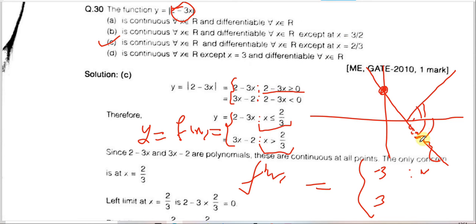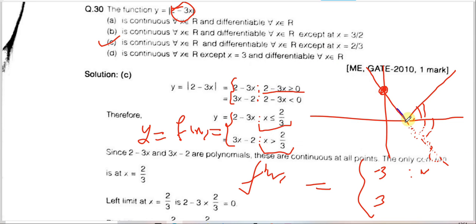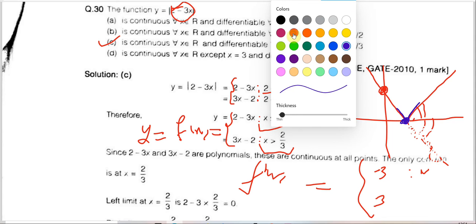Now erase this part, and we can clearly see that this function is continuous everywhere, but differentiability is not there, as sharp edges are there.